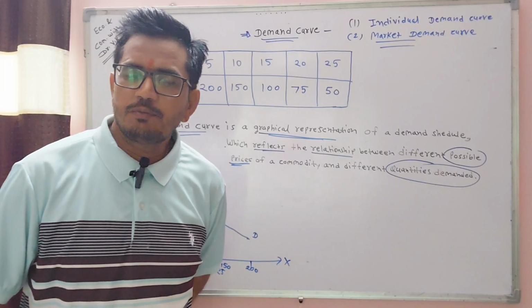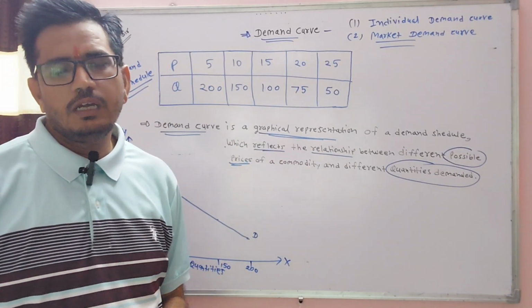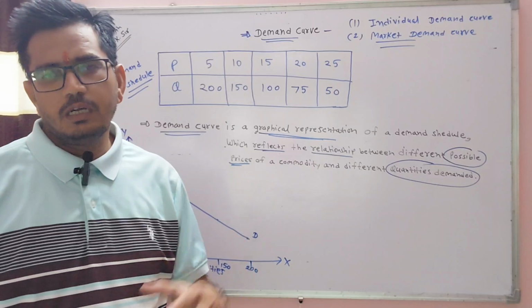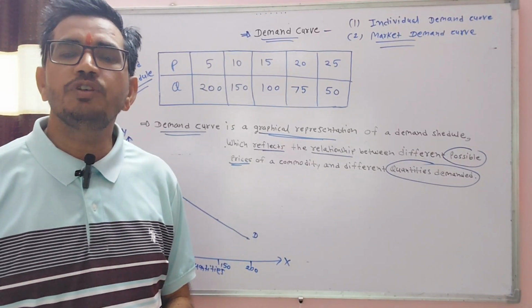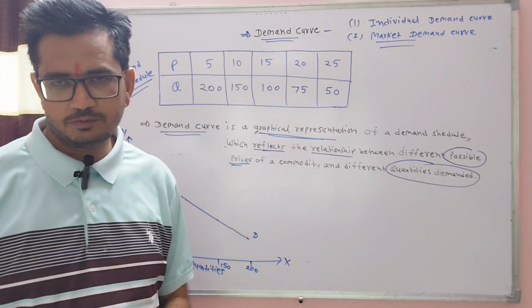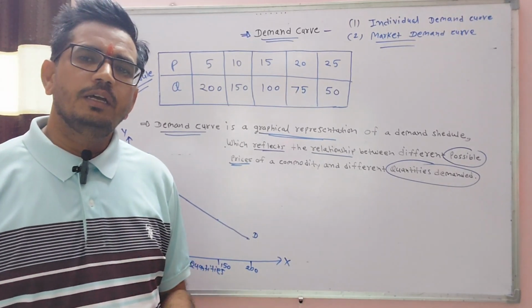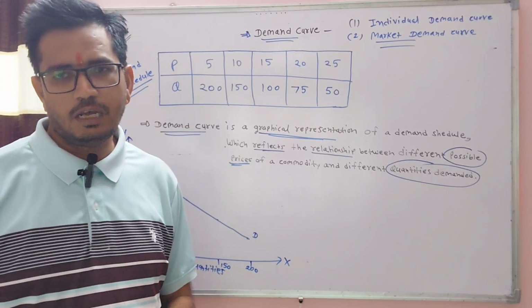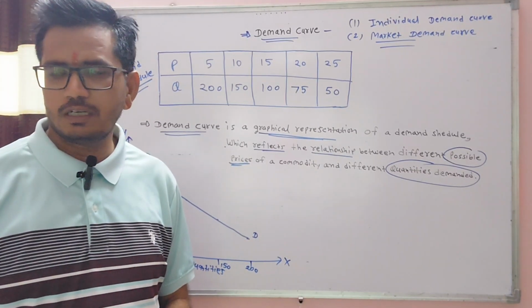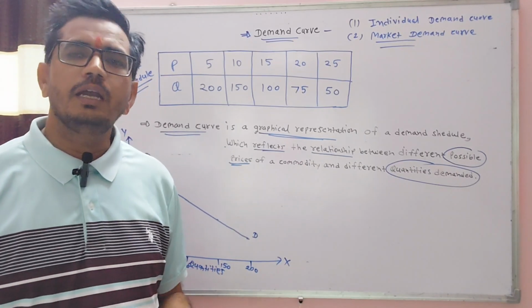The individual demand schedule is a tabular presentation of individual demand. When we reflect our data in a table, we get the individual demand schedule.